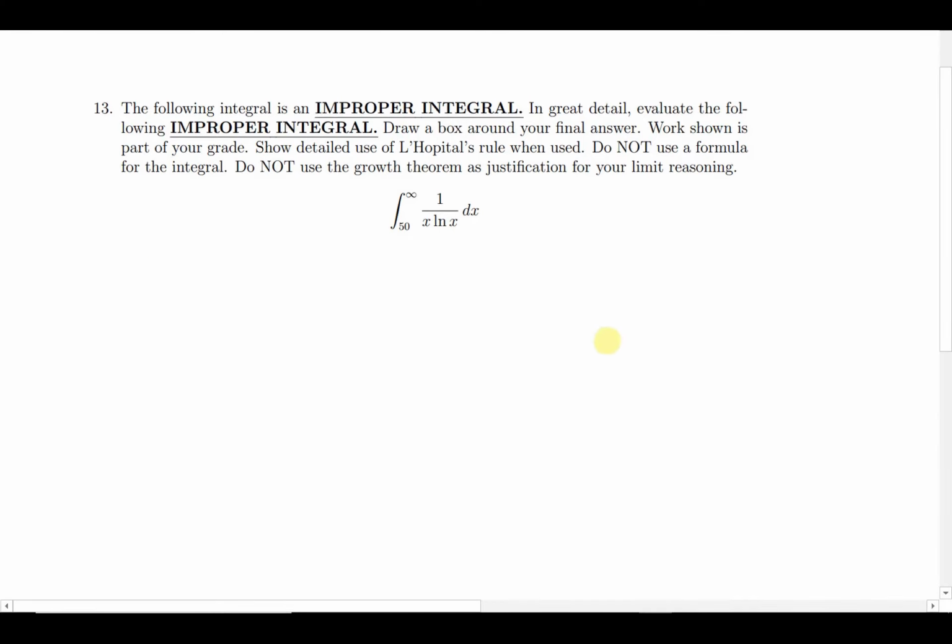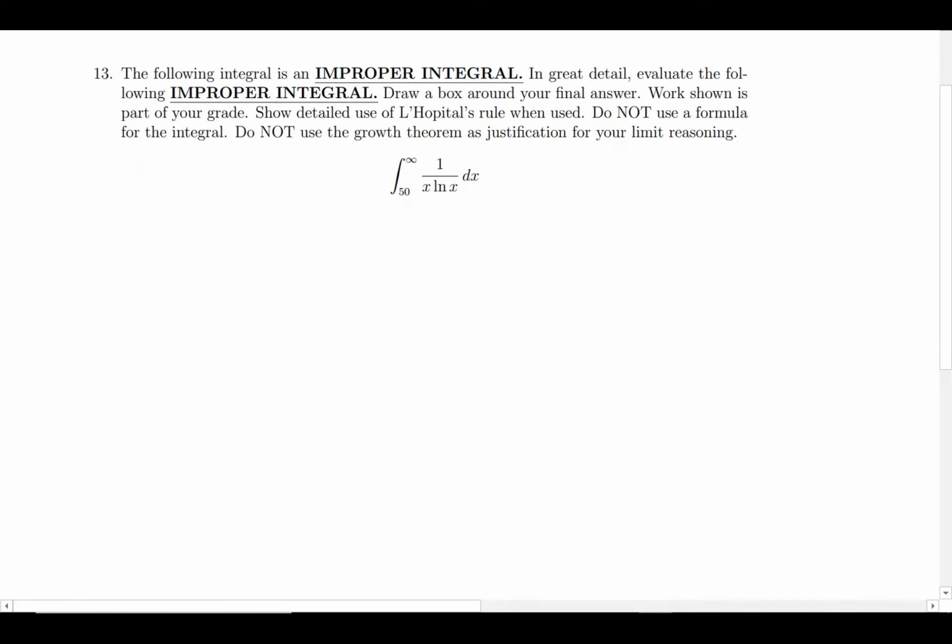For this case, we're going to use u-substitution, so it's integration by substitution. To start, we notice that if we take the derivative of ln x, this gives us 1 over x.